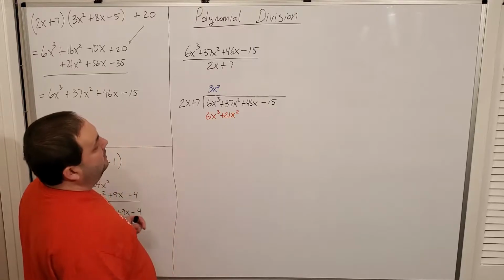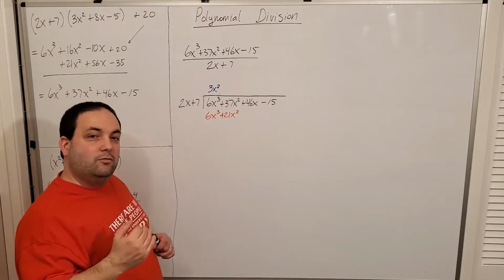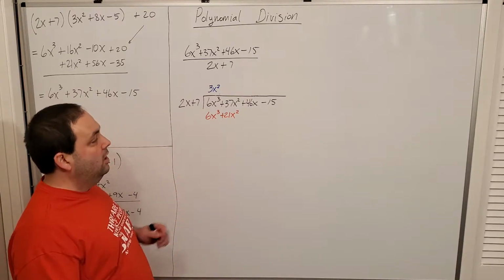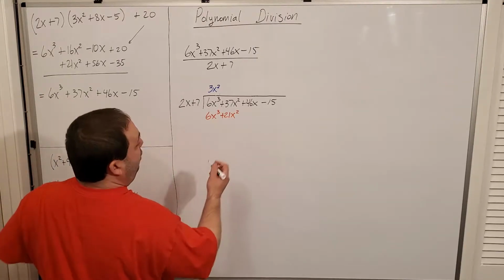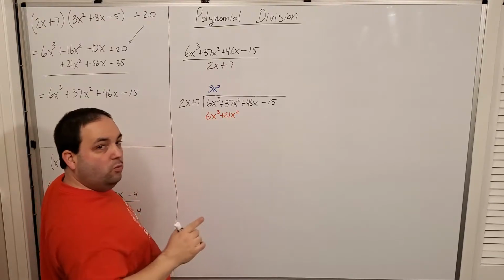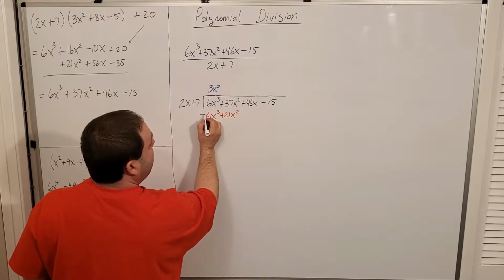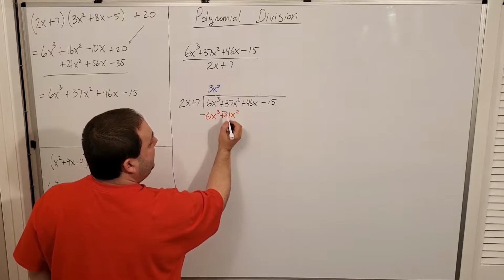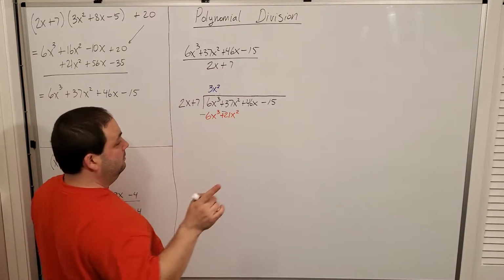All right, now that you've gotten to this point, we need to subtract. Remember, that's what division does. It subtracts things over and over and over again until you've wiped out all the columns. Okay, well, when I subtract something that has multiple terms, don't forget you have to distribute the subtraction. So this becomes a negative 6x cubed, and this becomes a negative 21x squared because I'm subtracting.